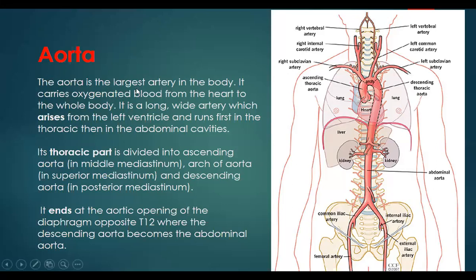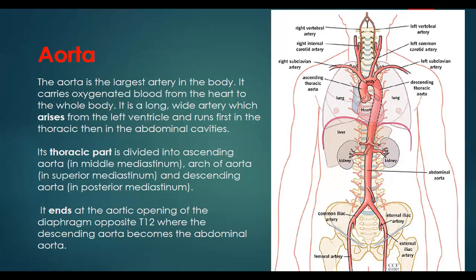It is the largest artery in the body. It carries oxygenated blood from the heart to the whole of the body. This is the main artery which gives multiple branches to all the parts of the body: head and neck, brain, upper limb, lower limb. All the arteries there might be direct or indirect branches from the aorta.